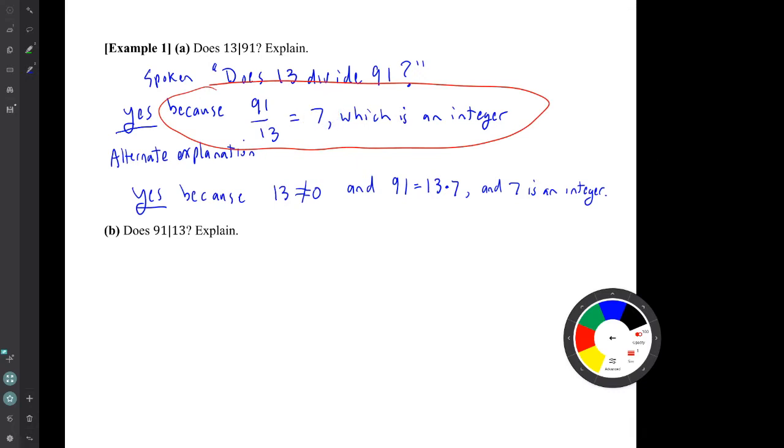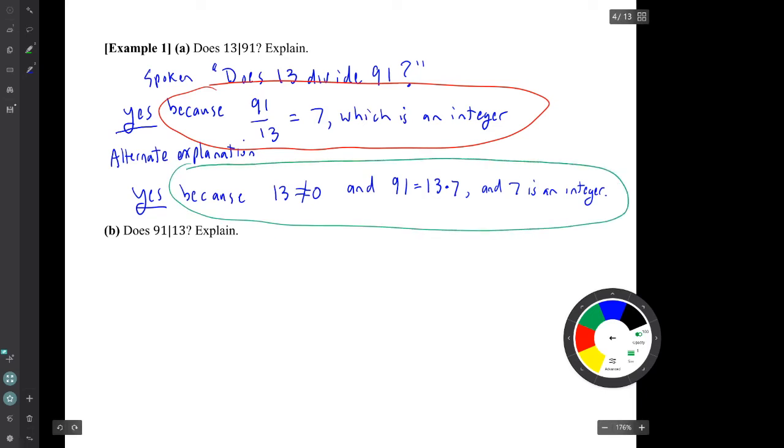The other explanation was this one, which does not use the idea of division. It only uses the idea of multiplication. So to explain things this way, we have to hit the reader over the head and say the thing that's playing the role of the letter d is not 0. And then we still have to provide the integer that makes the whole thing work. The integer is 7.